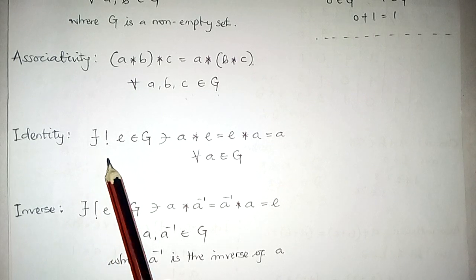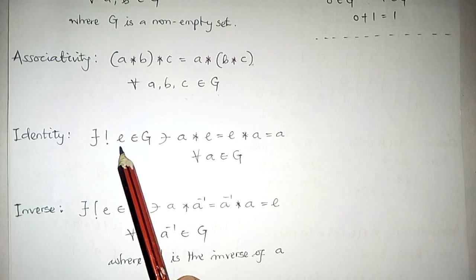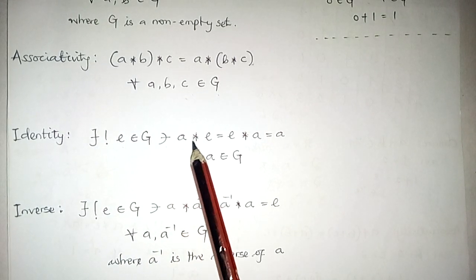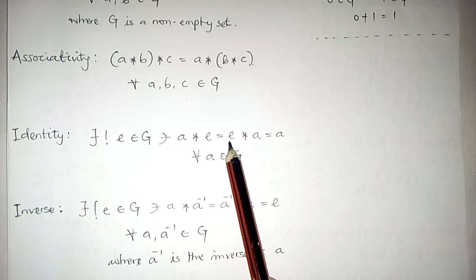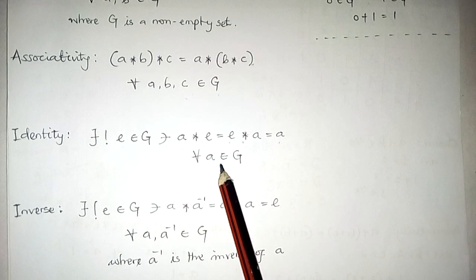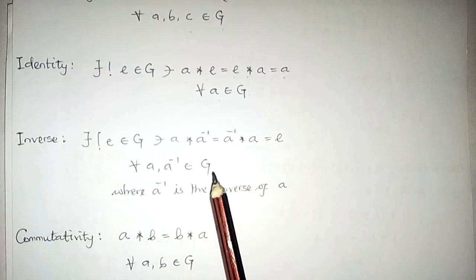So the next property is the identity property, where we say there exists a unique element E in G such that A performed on E equals E performed on A, which gives us A, and A will definitely be in G. Then the next is the inverse.